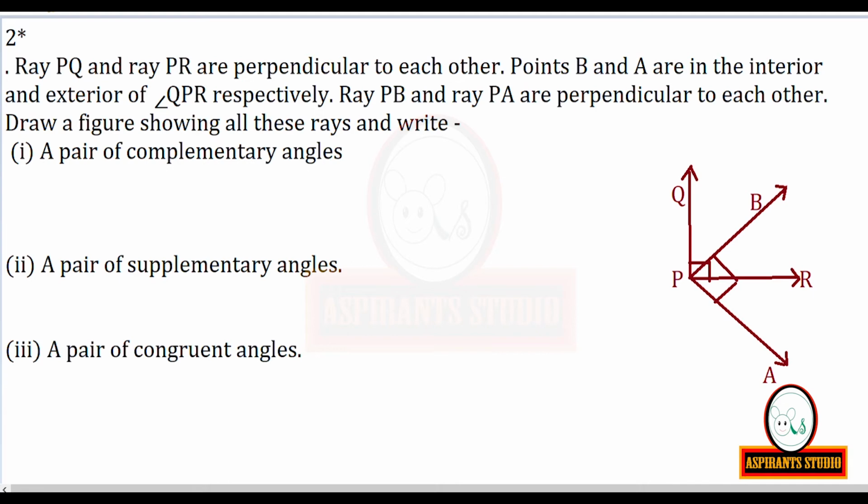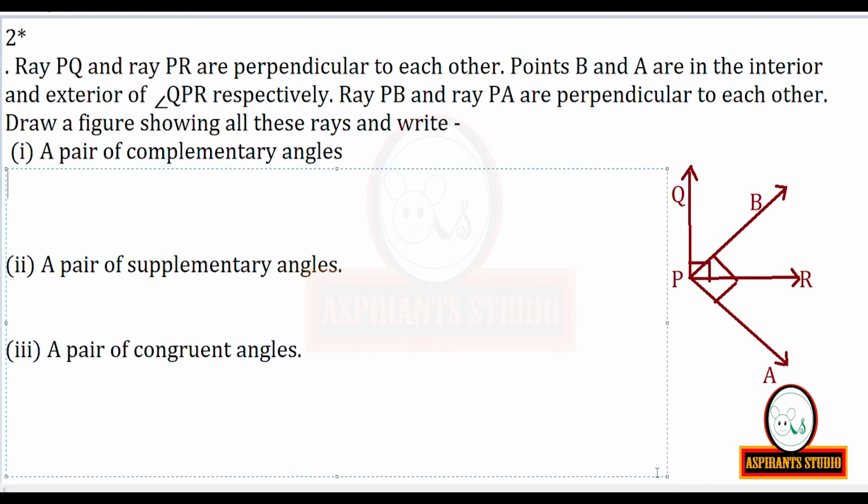Now write a pair of complementary angles. You know the definition of complementary angles? The sum of the measures of these two angles should be 90 degrees. So here there are two possibilities. First, see, measure of angle QPR is 90 degrees. So it is split into two angles: measure of angle QPB and measure of angle BPR.